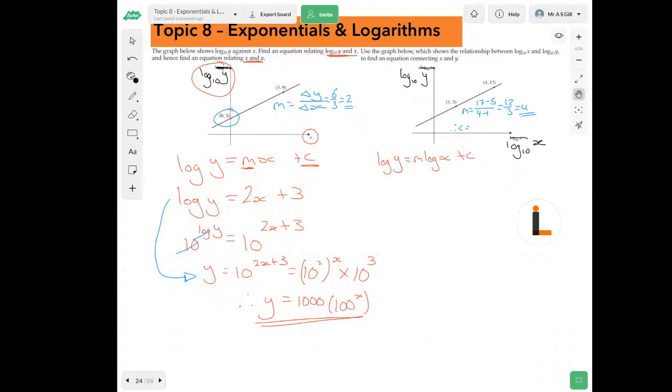So we've got a value for m, and therefore we can find our value for c as well. And then we can start forming our equation.